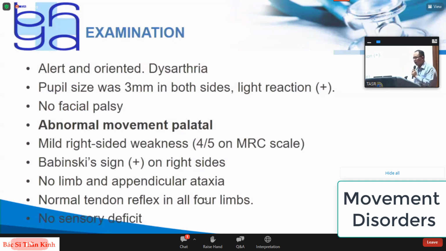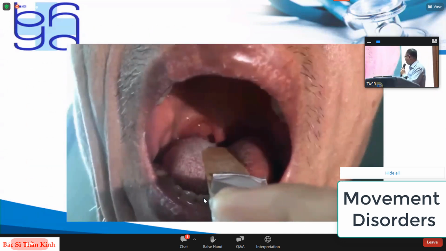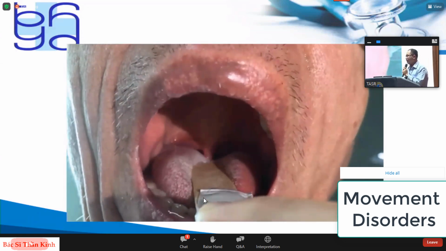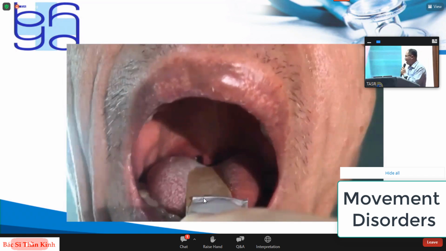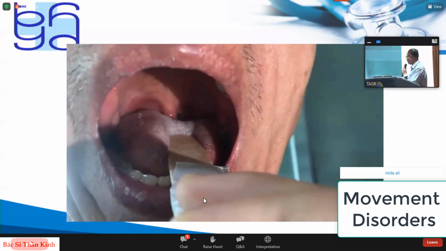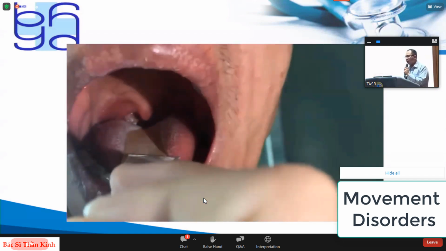On examination, with right-sided weakness and a Babinski sign on the right side, we can recognize an abnormal movement of the palate. As you can see in this video, this is a rhythmic movement of the soft palate with low frequency. And in the presentation of Dr. Shireda, you can call it a palatal tremor.